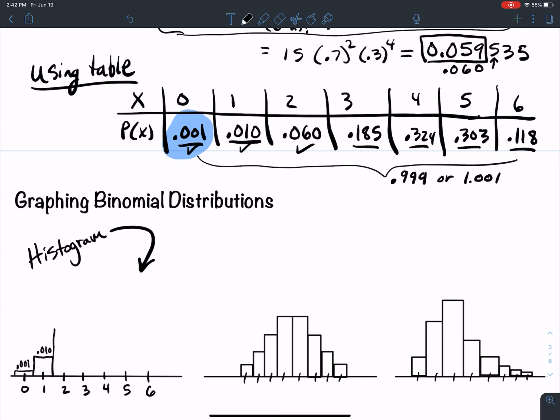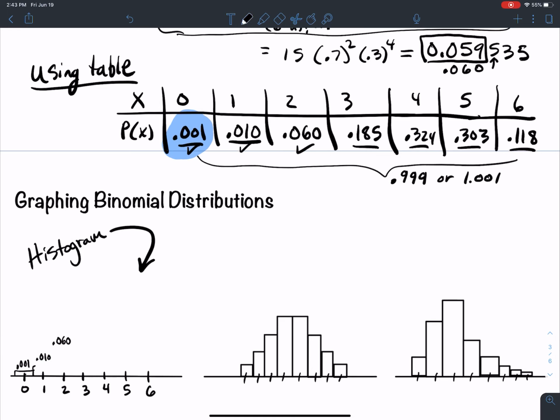And at 2, 0.060. And at 3, that height, I'm kind of messed up on that. Let me see if I can fix this. Made it a little bit too high.